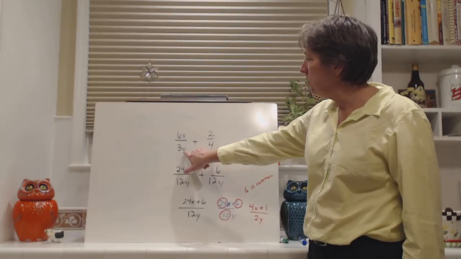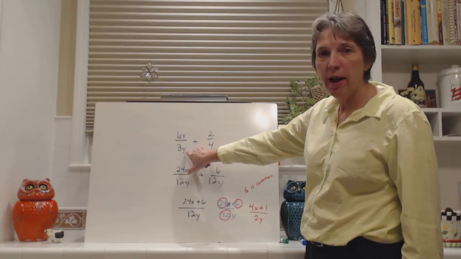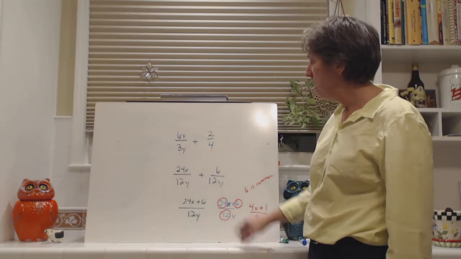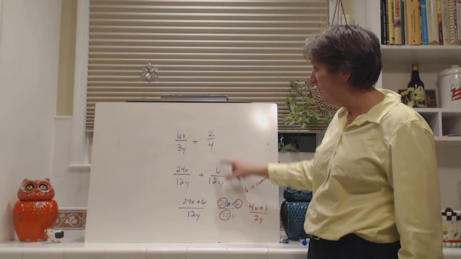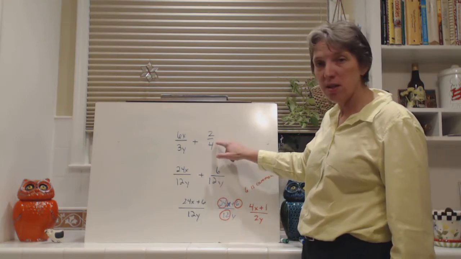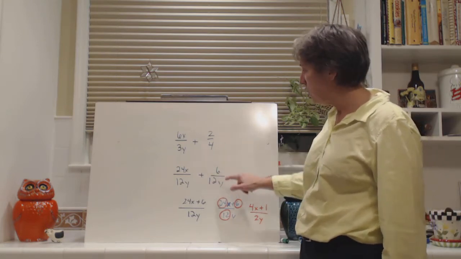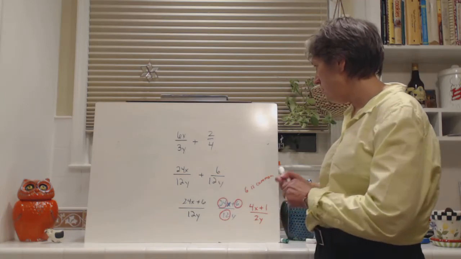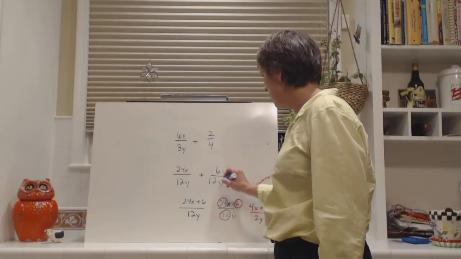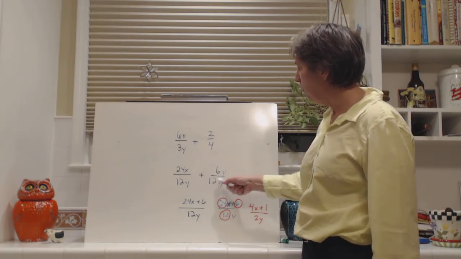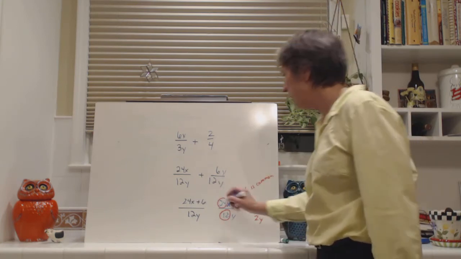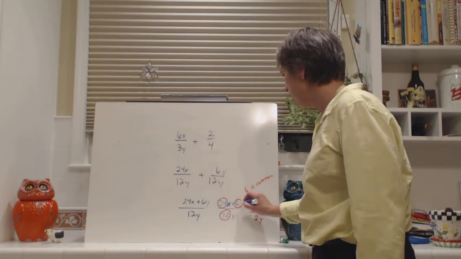I looked at these two, and there's only one variable I have to have, and that's a y. So I come over here and I say 4 goes into 12, 3y times, there's a y here that this doesn't have. So 3y times 2, and I didn't write it down, is 6y. So 4 goes into 12y's, and 3y times 2 is 6y. Fix that.